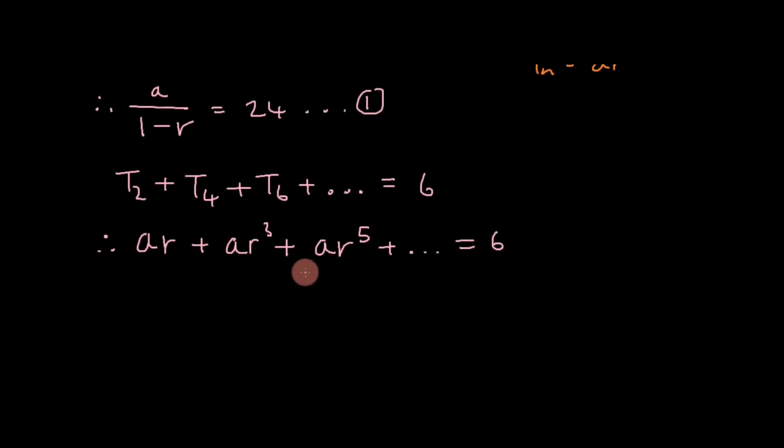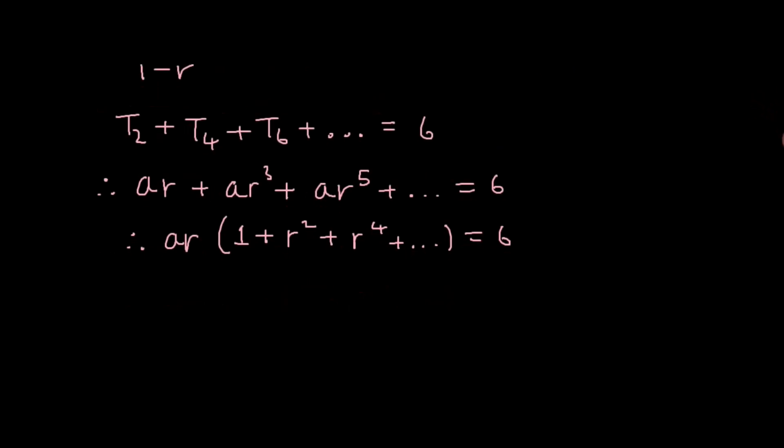I'm going to simplify a little bit on the left-hand side. We can take out ar as a common factor. So it's going to be 1 plus r squared plus r to the 4, and so forth. So we're taking out ar as a common factor, and this is equal to 6.